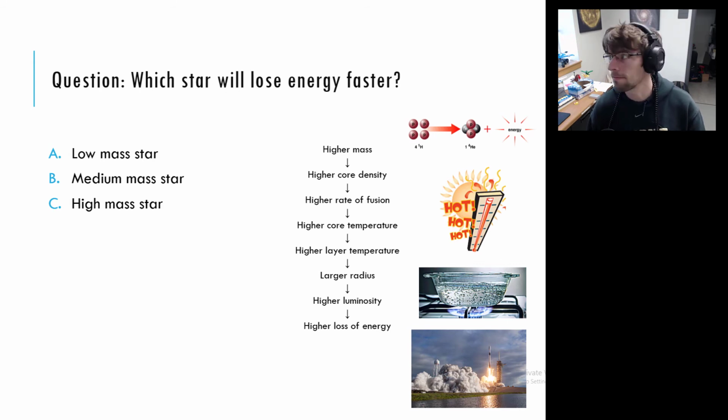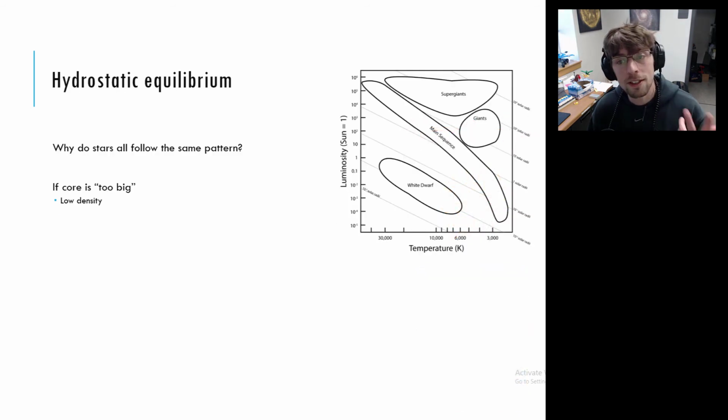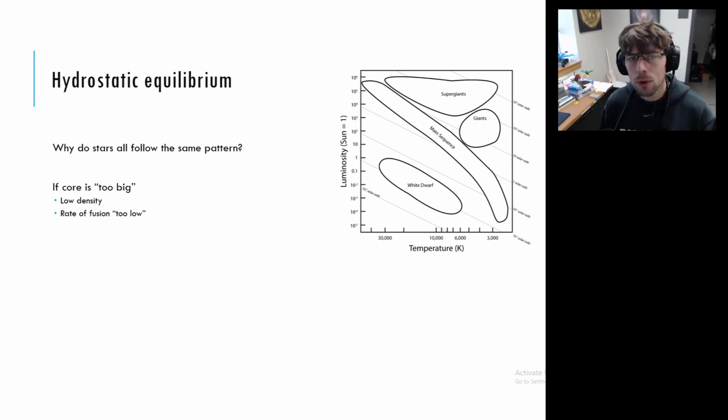Okay. So let's start off with this. What if the core of a star is too large, physically in size, in volume? Well, if the core is too voluminous, that means the density in the core is too low. Well, if the density of the core is too low, what happens to the rate of fusion in the core? It's too low. Well, if the rate of fusion in the core is too low, how about the core temperature?